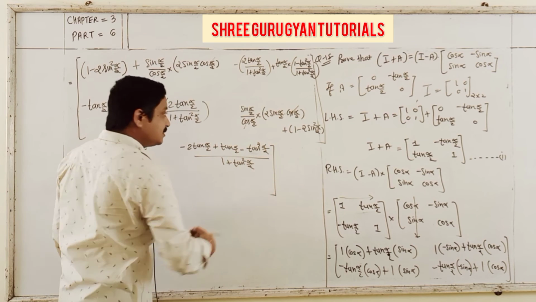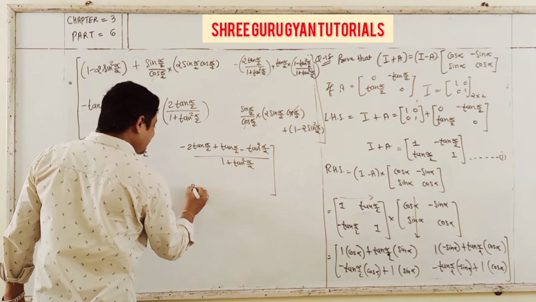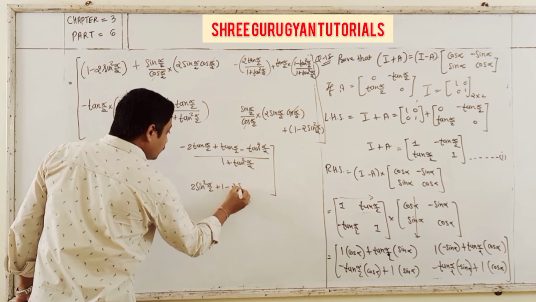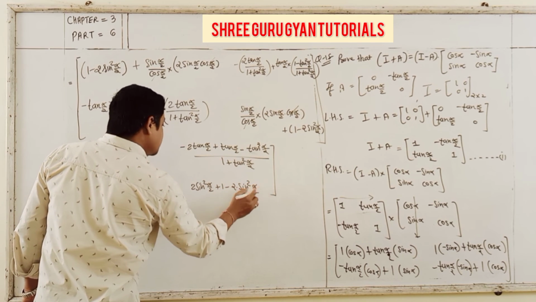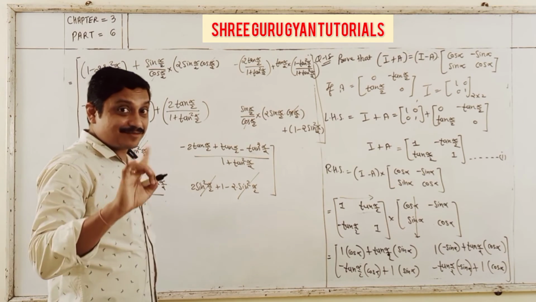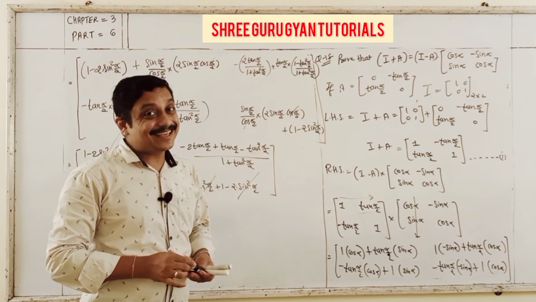And here our process is only 2 sin square alpha by 2 plus 1 minus 2 sin square alpha by 2. So this term is cancelled. That's why I wrote the first and the last in the same pattern.